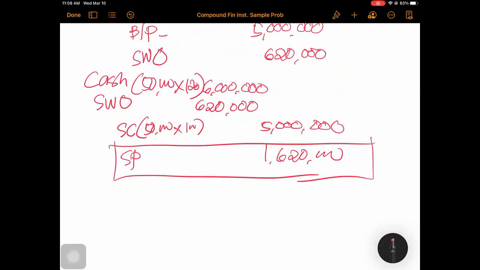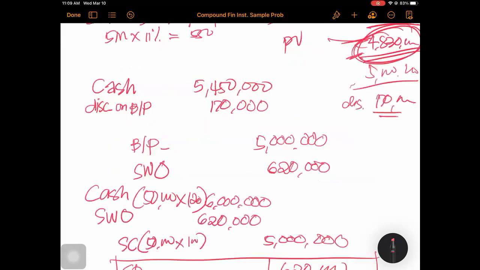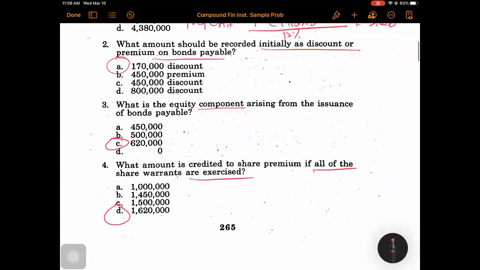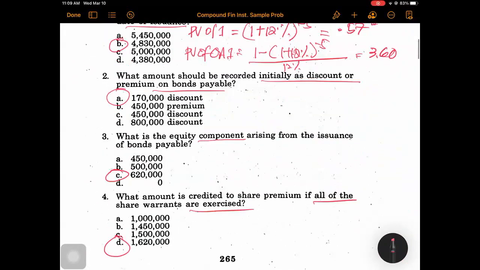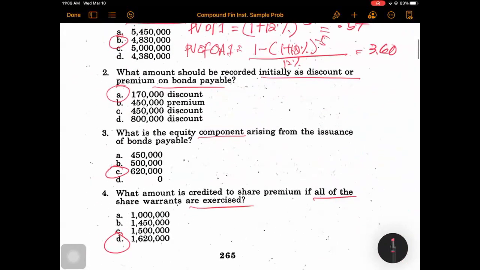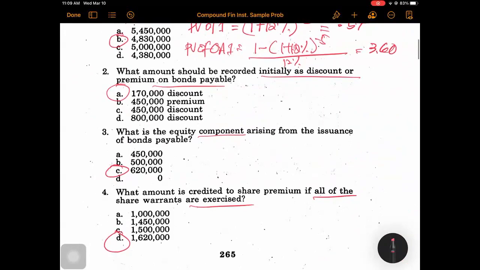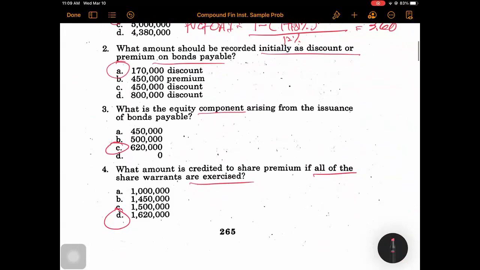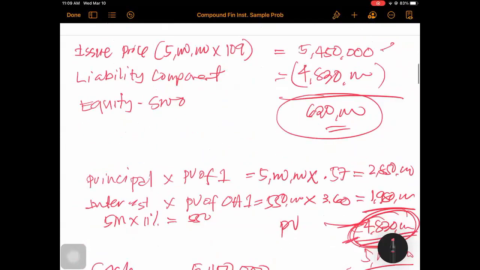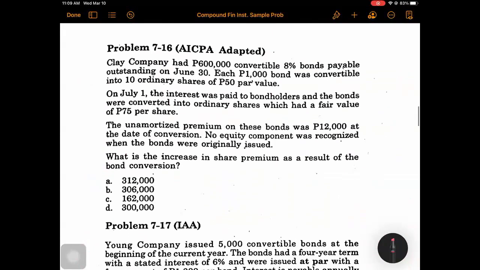In this transaction, kung wala kayo makasabot, nakalimot ko sa formula, but if you know the journal entry, basta makita ang debit, makita ang credit, dako ang chance na matama inyong answer. So this is for the bonds payable issued with share warrants. Next, let's proceed with the next problem.